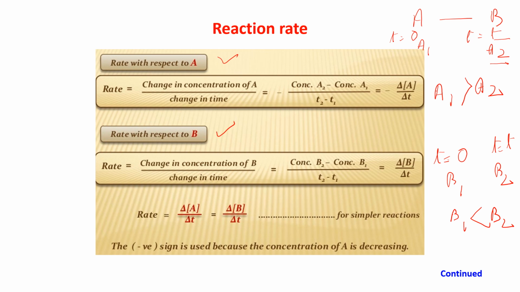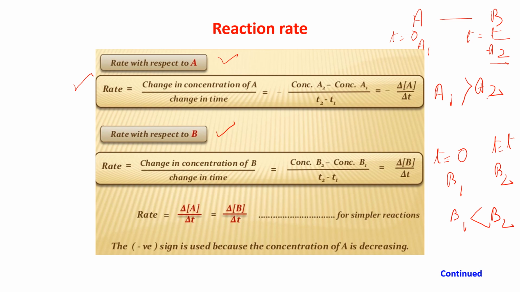So if I want to write the rate with respect to A, that is the change in concentration of A by change in time, it is equal to A2 minus A1 divided by T2 minus T1.